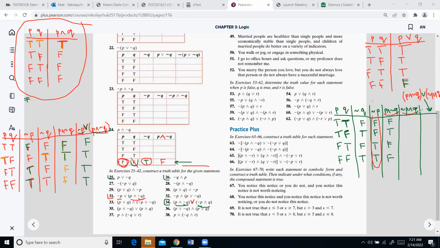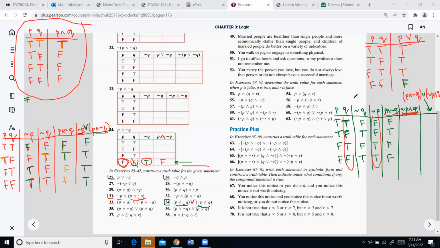Not P, do you see what I'm doing? I'm doing that one, second underlined in red. It has not P and Q, and Q is right here. See, whatever columns I need, I try to highlight them in red.